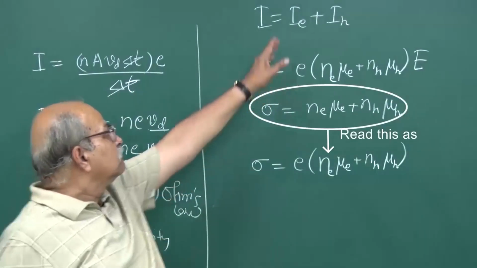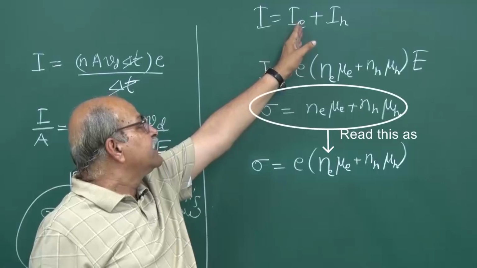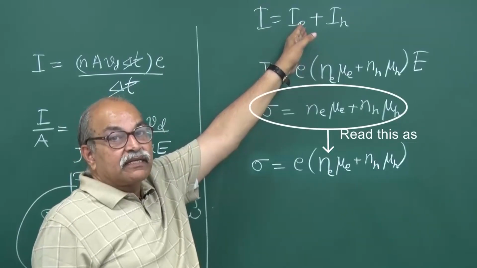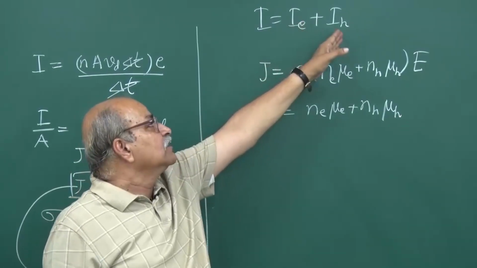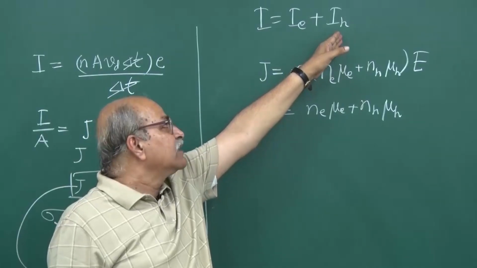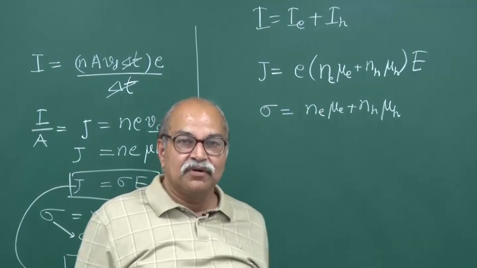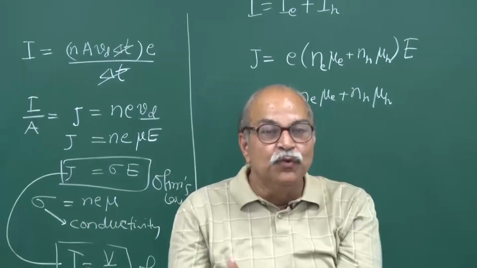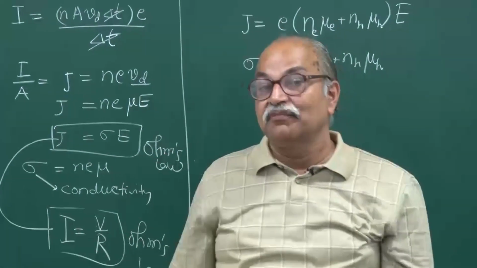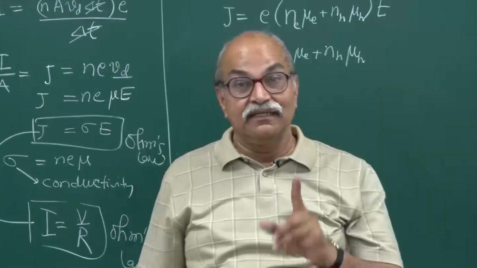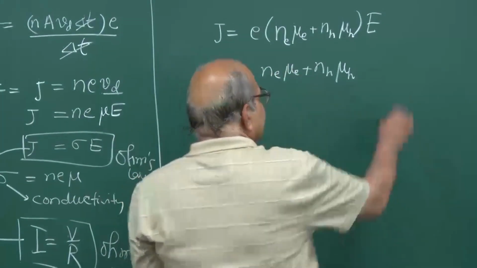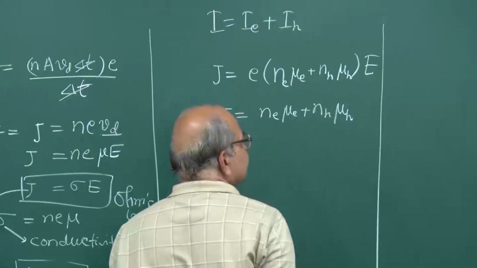So although the current is because of electrons, those conduction electrons, and the holes in the valence band, in any doped semiconductor of practical importance, one of the two will be very large as compared to the other. We had done this numerical exercise in the previous lecture.